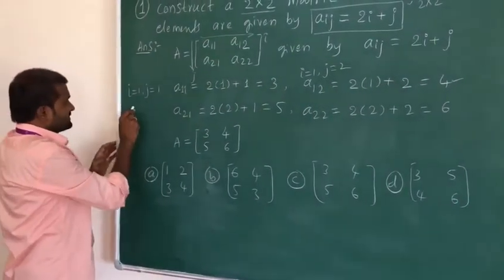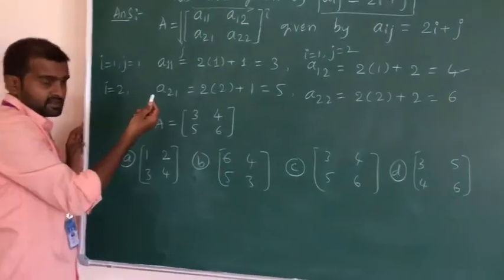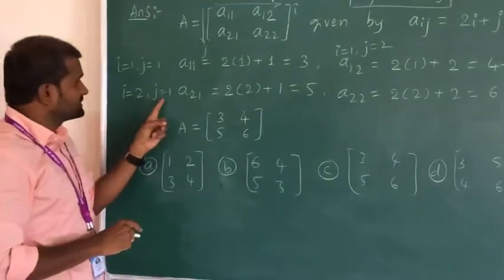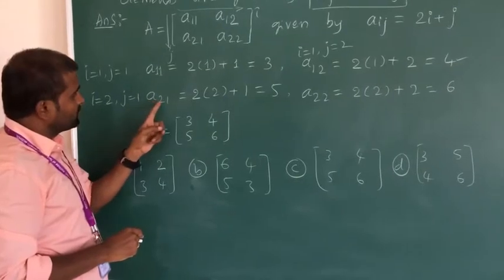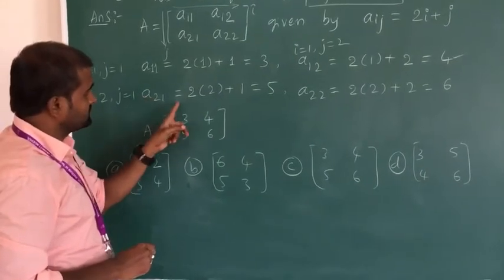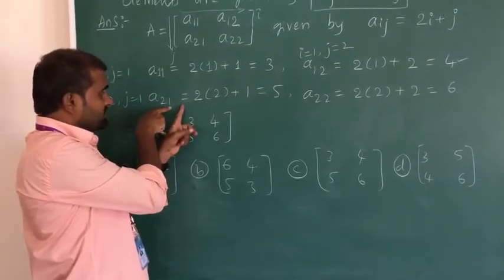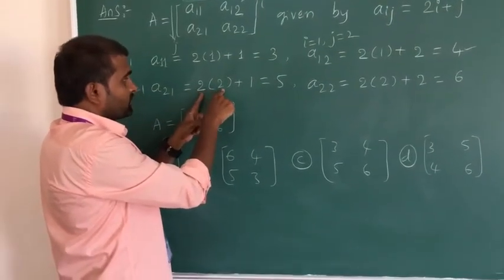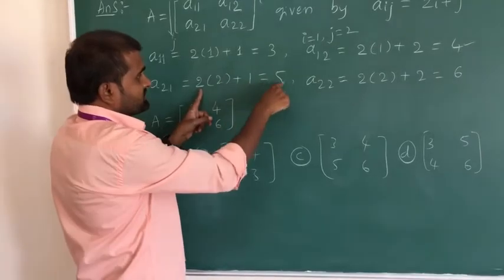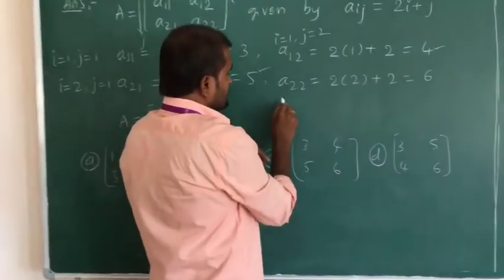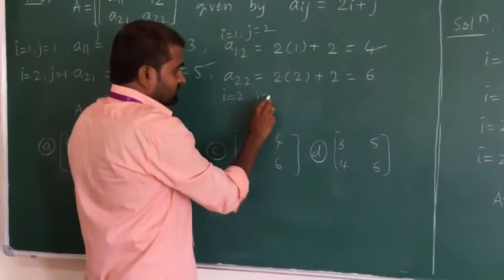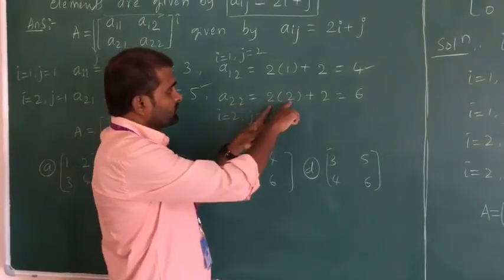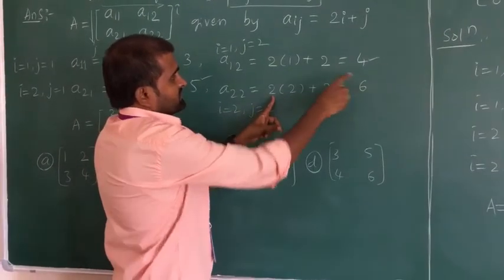Now i changes to 2 and j is 1: A21 equals 2 into 2, which is 4, plus 1 is 5. Similarly, i is 2 and j also 2: A22 equals 2 into 2, 4, plus 2 is 6.